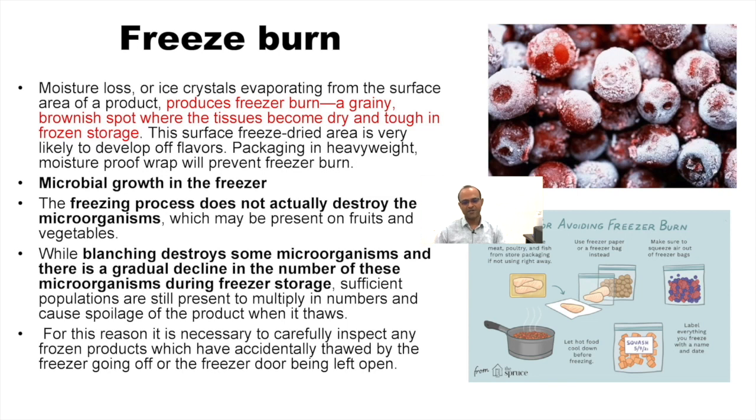And in domestic freezers, you can obviously prevent the freeze burns. For example, you can put the food inside freezer paper, remove the air before putting it inside the freezer, and then label them when you are putting them inside the freezer. So these are the aspects which are related to freezing.